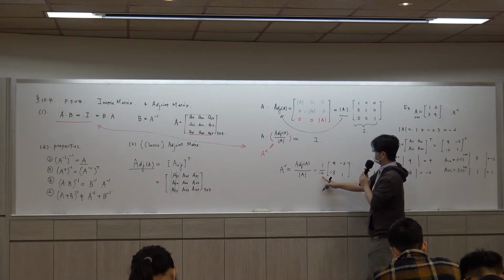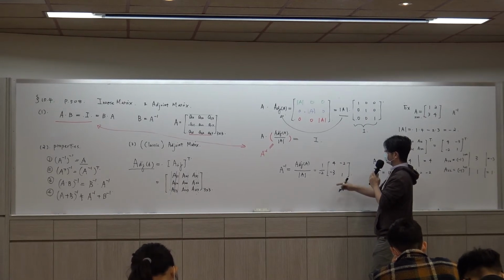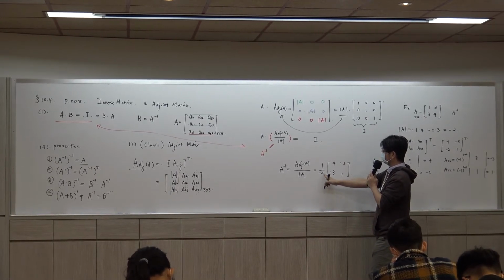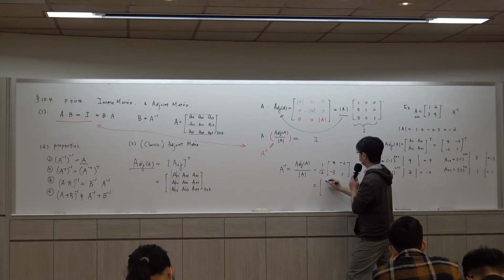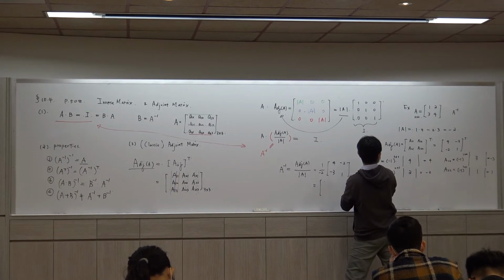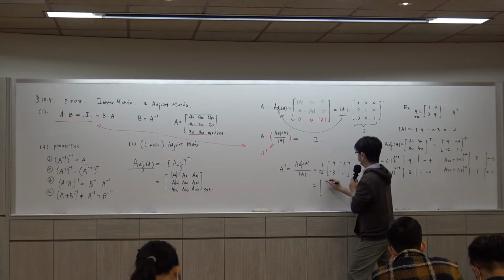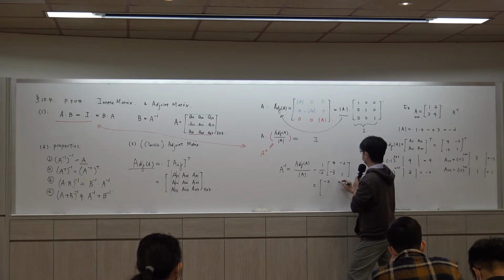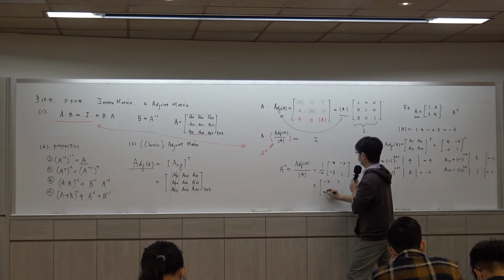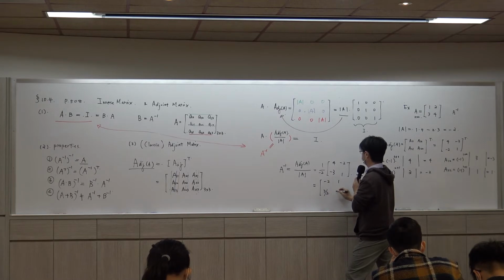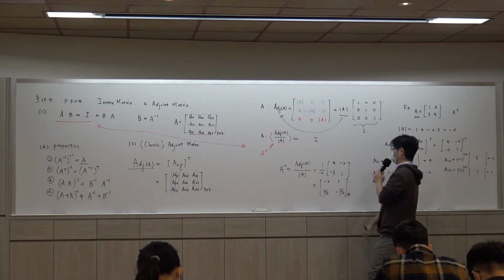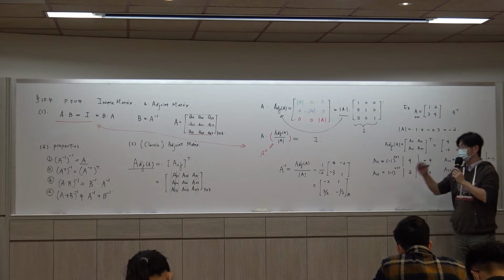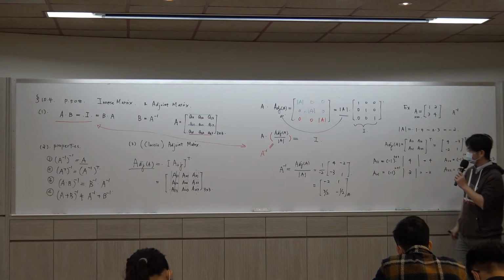So we could write that all the elements are multiplied by minus 1/2. Okay. So it equals this, and that is the answer. Okay.